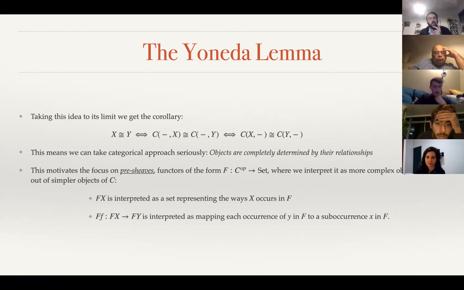So the presheaf is going to be a functor that does exactly what we did. Here, C(-, x) is going to be exactly the presheaf. We can interpret them as more complex objects built out of simpler objects of C.